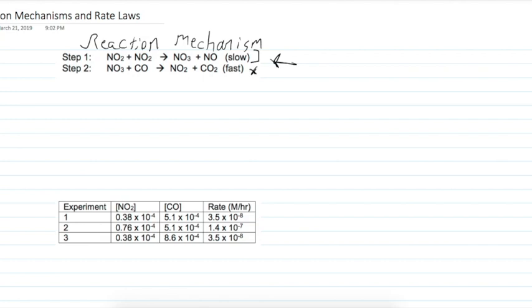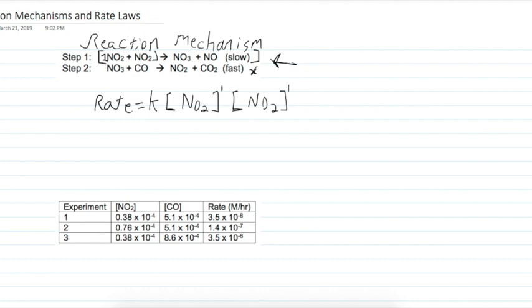Now, for the slow step, you look at the reactants, these guys. And to write your predicted rate law off of the reaction mechanism, you're going to set it to rate is equal to K. K is our constant, which is always there, times NO2 to the power of 1, since there's a 1 coefficient out in front that's implied, times NO2 to the power of 1.